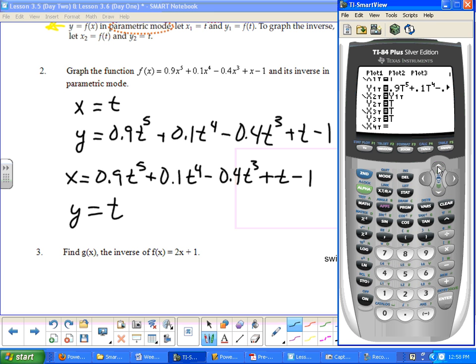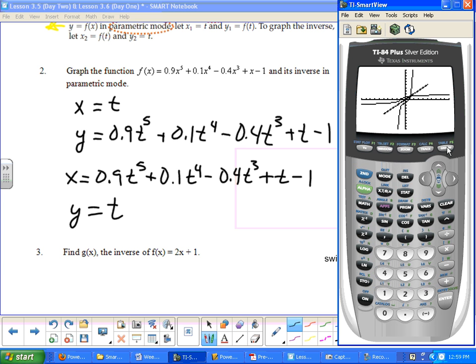And I could make my graph do something different so I could see it better. So let's make this a dotted line, right? And graph it. Nope, still doesn't look dotted, all right? But does it look like that's a reflection? Okay. All right.